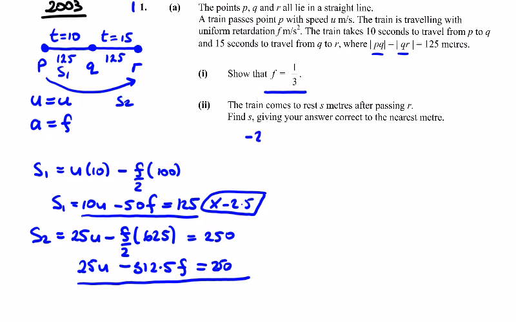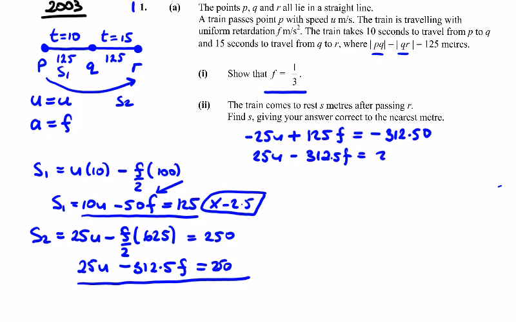So I'm going to get minus 25u plus, the 50F is negative, so 2.5 times 50 is 125, equals, 2.5 times 125 is 312.5. And we also have 25u minus 312.5F equals 250.